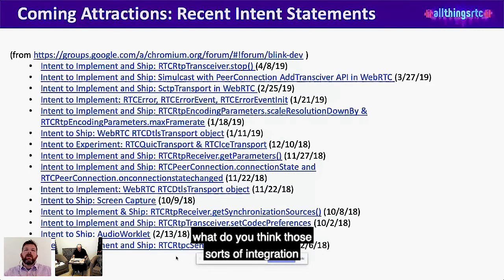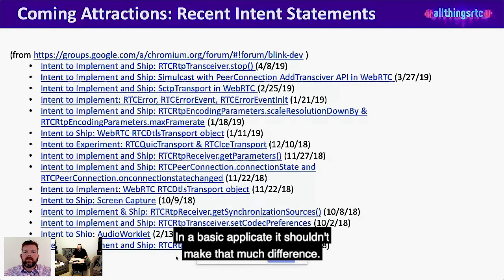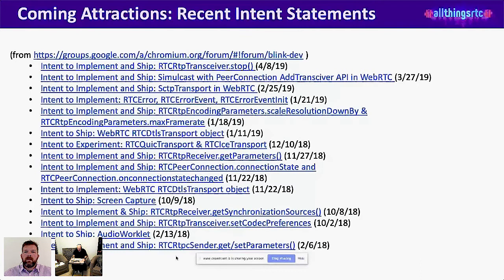What should those sorts of integration developers be aware of? Well, the question has always been about advanced applications. In a basic application, it shouldn't make that much difference. But when you're doing simulcast or multiple streams on a single peer connection, you really do need the detail.